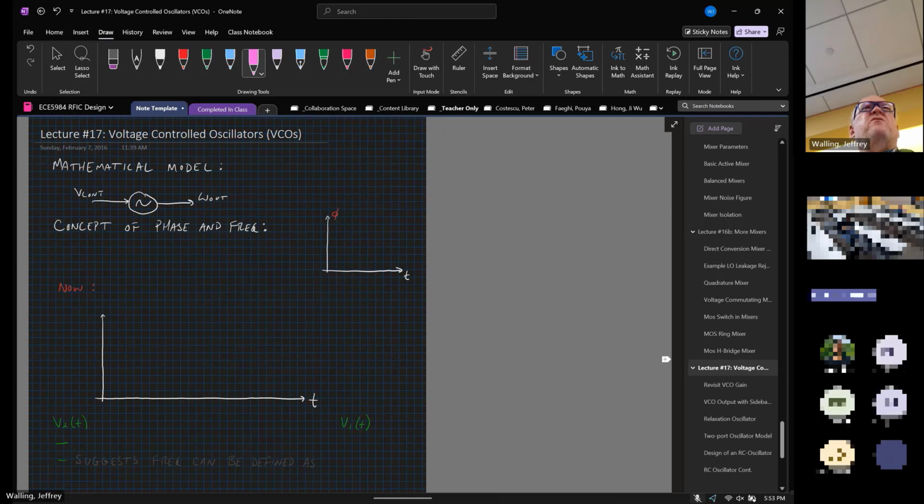So a lot of it is improving your layout, but yeah, you can do things like apply a DC bias to the gate to find an optimum point to operate. Yeah. Okay.